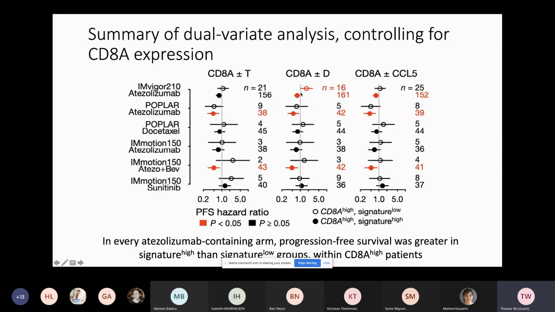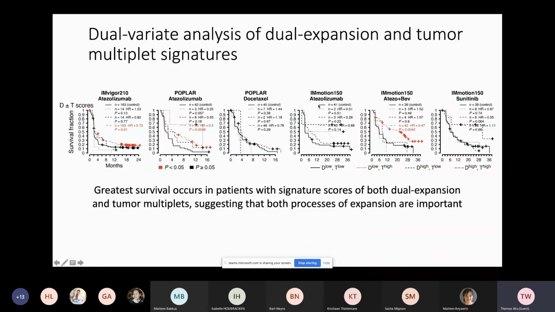In other words, if you were concordant, with both high CD8 levels and high signature levels, you had a lower hazard ratio and a better response than if you were discordant. What that suggests is that you need both the presence of CD8 in the tissue and some indicator of peripheral T cell expansion for optimal response to cancer immunotherapy.